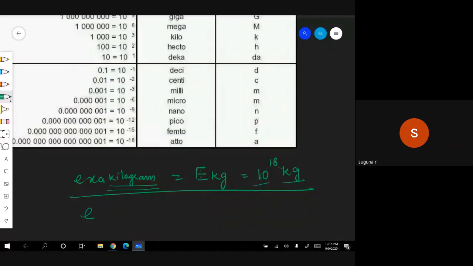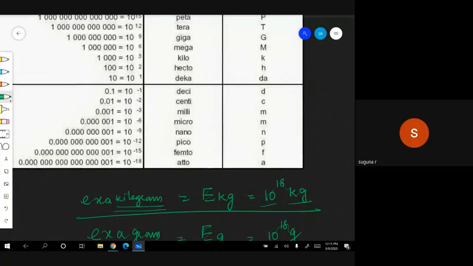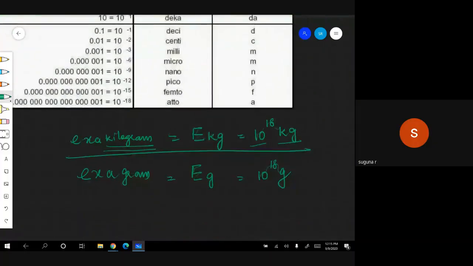There are two prefixes, but it doesn't matter. Hexagram would be 10 power 18 gram. But here I have used hexa kilogram, 10 power 18 kilogram, because I have used the SI unit here. That's why kilogram.